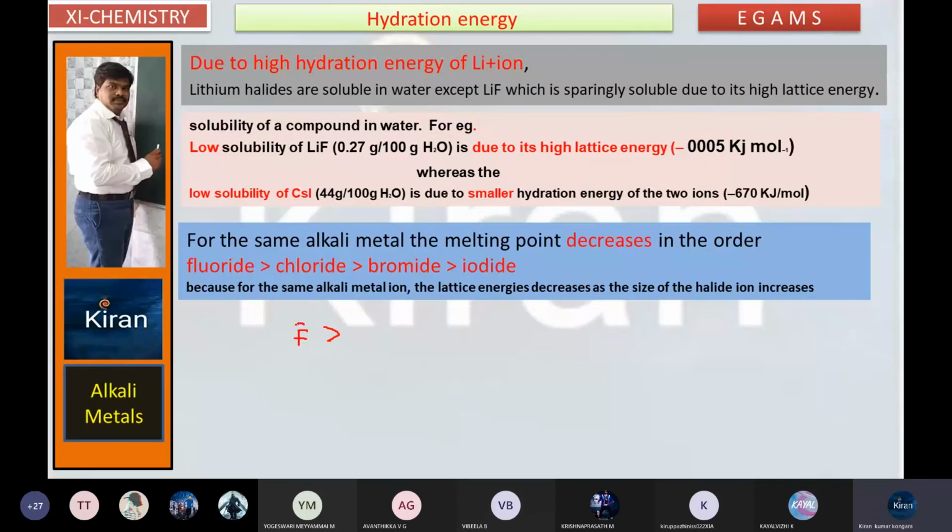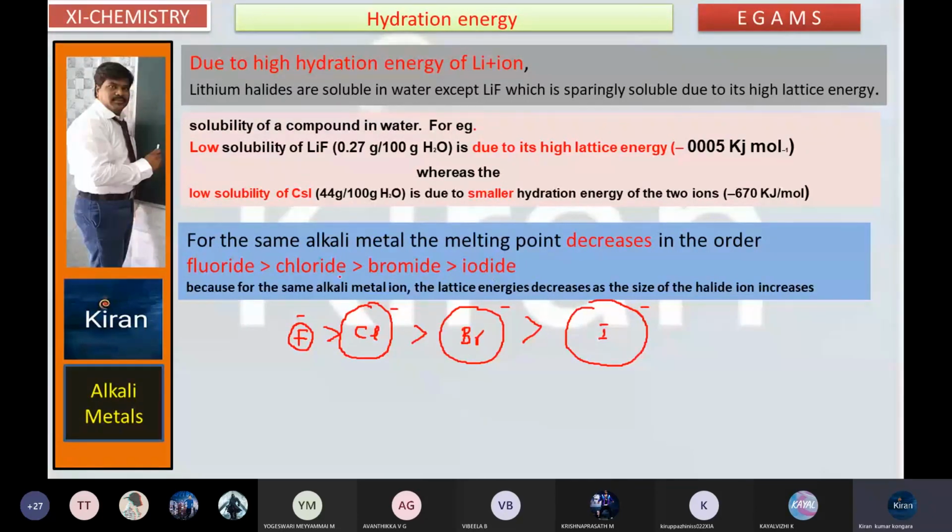Fluoride atomic size is small. Comparing with chloride, its atomic size is big, and then bromide, and then iodide. Now we have seen, when atomic size increases, the hydration energy decreases. In this way, fluoride has more hydration energy than chloride, then bromide, and then iodide.